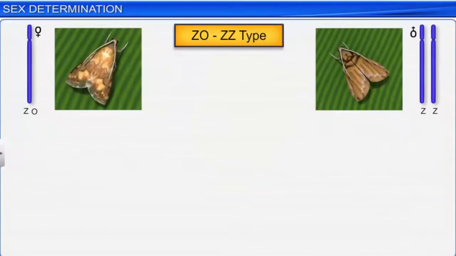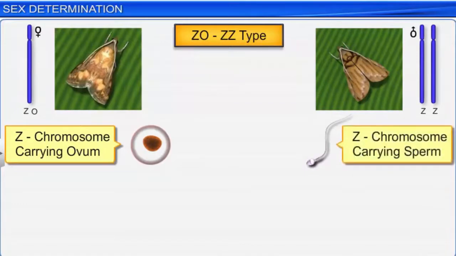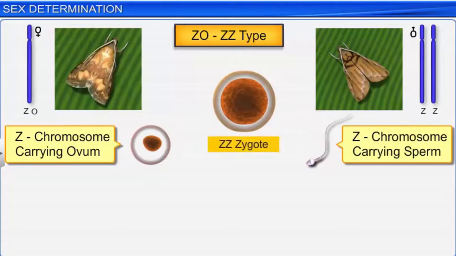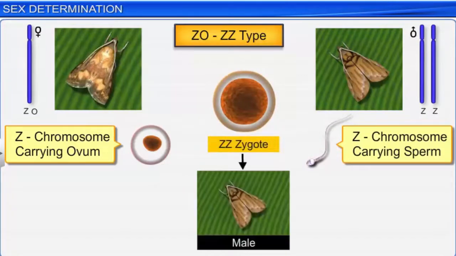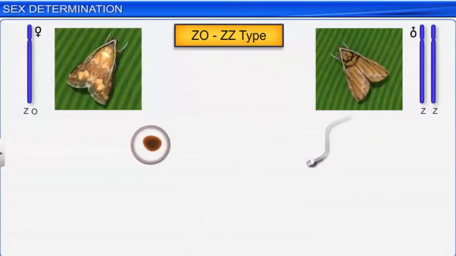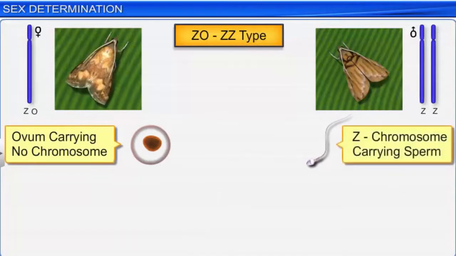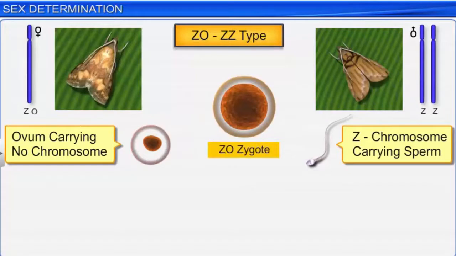Therefore, if an ovum carrying the Z chromosome unites with a sperm carrying the Z chromosome, the resultant ZZ zygote develops into a male offspring. However, if an ovum containing no chromosome unites with a sperm carrying the Z chromosome, the resultant ZO zygote develops into a female offspring.